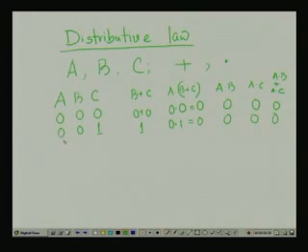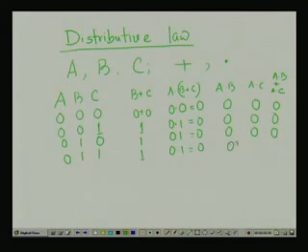Similarly, if we complete this full table, 0, 1, 0 gives 1 plus 0, 1, again the same thing. Then 0, 1, 1: B plus C is again 1, but A dot B plus C is again 0, this is 0, this is 0, this is 0.